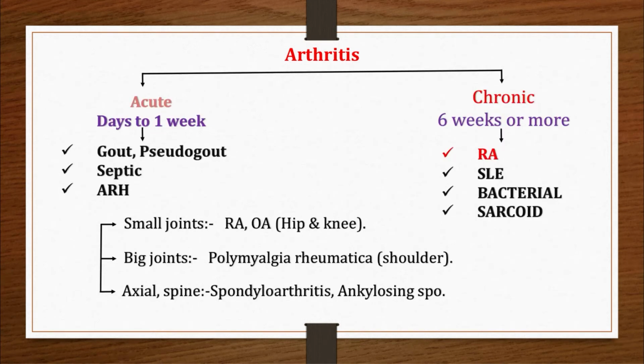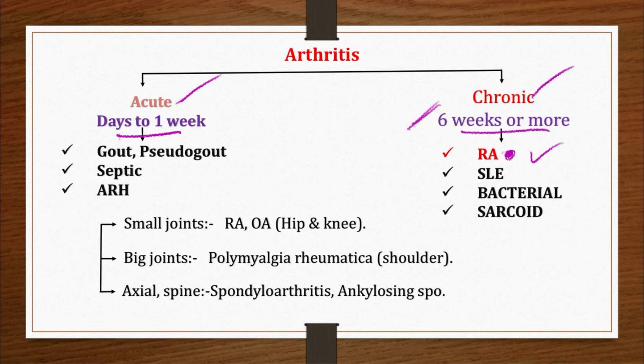We can also categorize arthritis as acute arthritis, that is days to 1 week, and chronic arthritis, meaning 6 weeks or more. Remember, rheumatoid arthritis is a chronic type of inflammatory arthritis. It means you need to be symptomatic for at least 6 weeks or more to be diagnosed with rheumatoid arthritis.